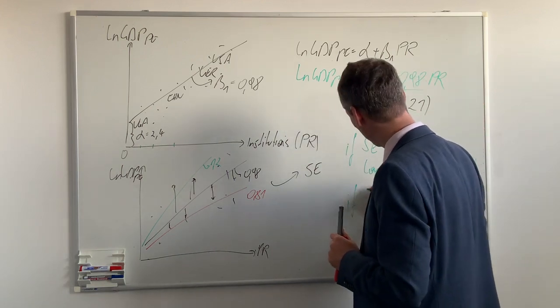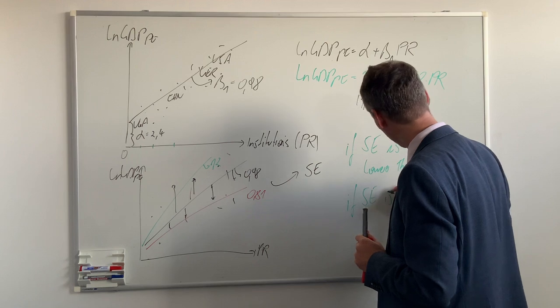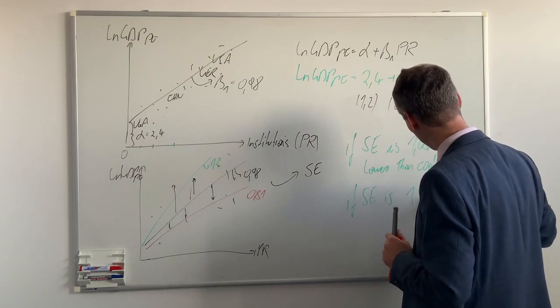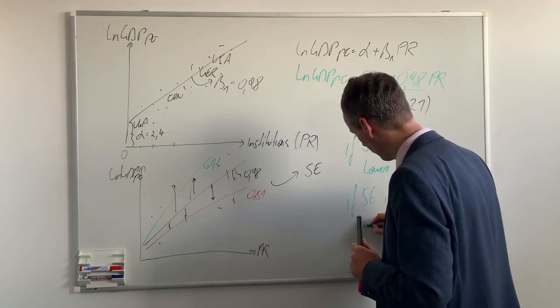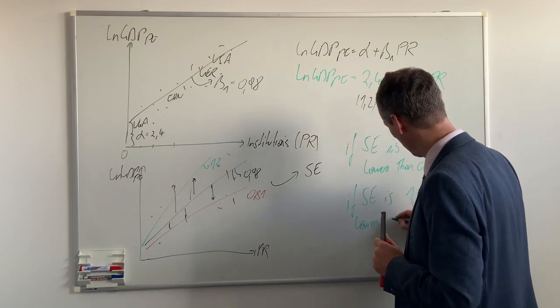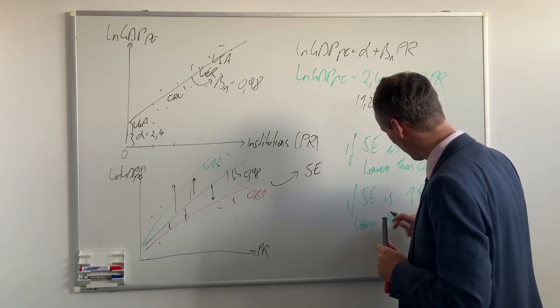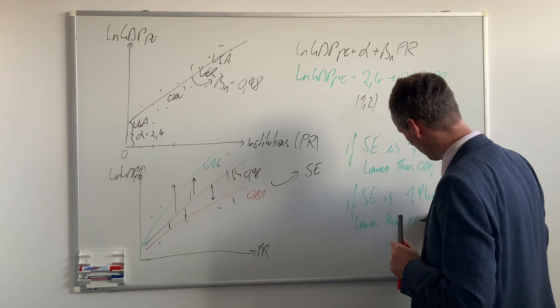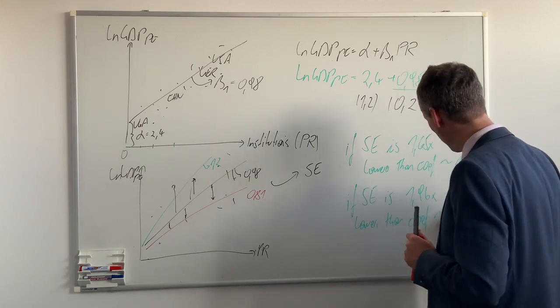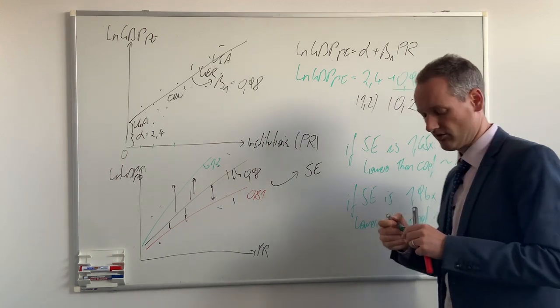Okay? If the standard error is 1.96 times lower than the coefficient, then we are having a 5% confidence level.